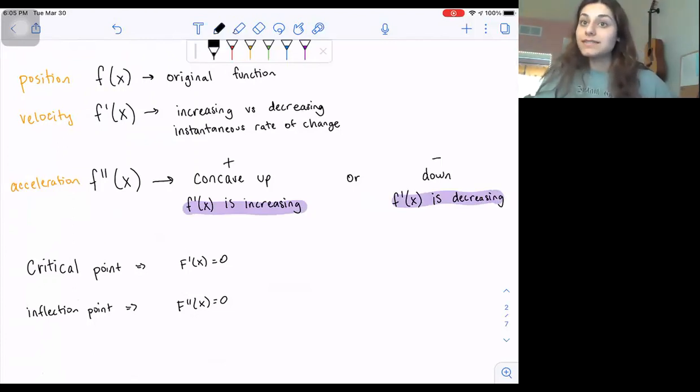So when the second derivative is positive, another way of saying that is saying that the first derivative is increasing, because the second derivative gives us the rate of change of the first derivative. First derivative gives us the rate of change of the original function. Okay, so when you take the derivative, you're finding the rate of change. So the second derivative is the derivative of the first derivative. So it's also giving us the rate of the first derivative.